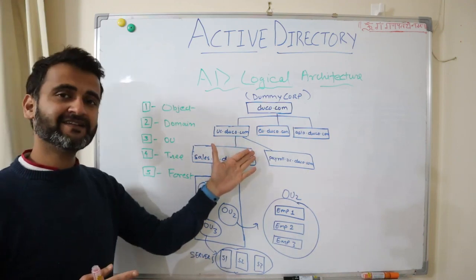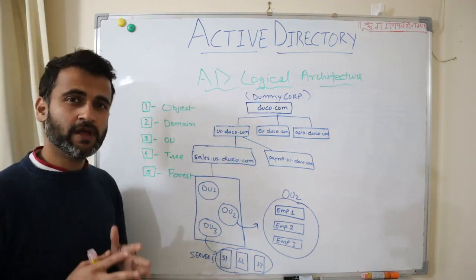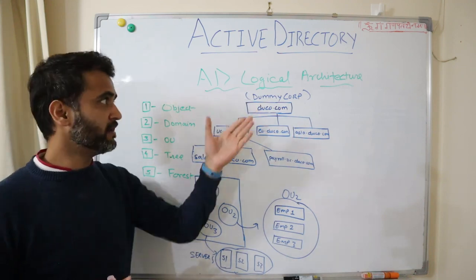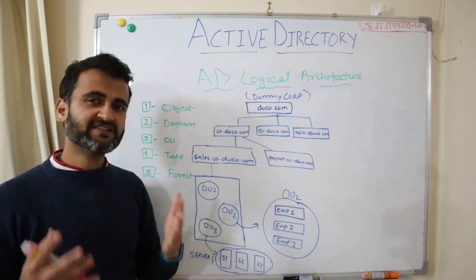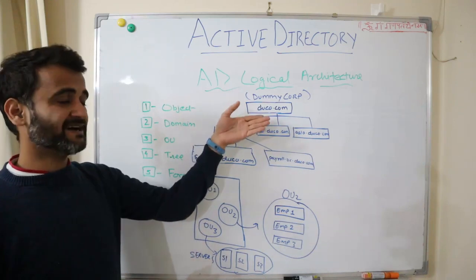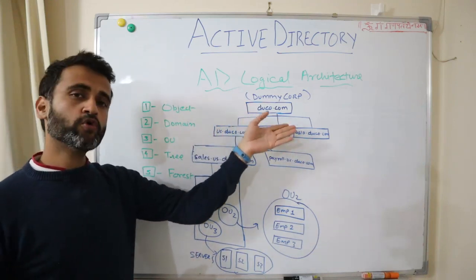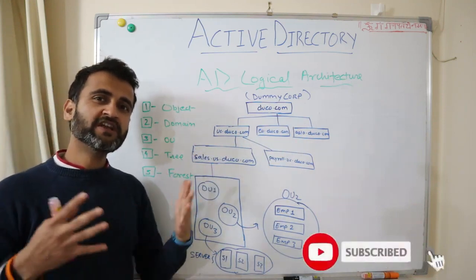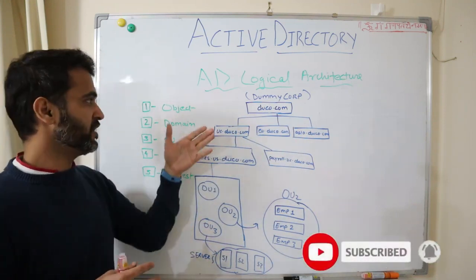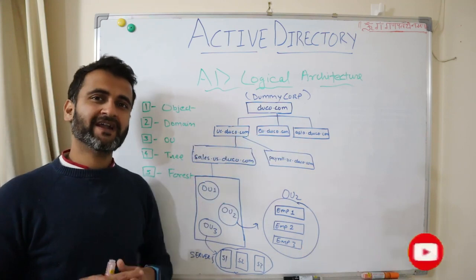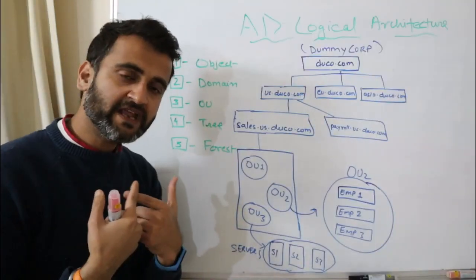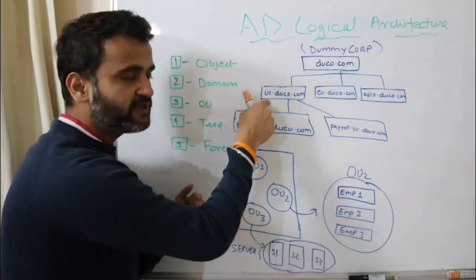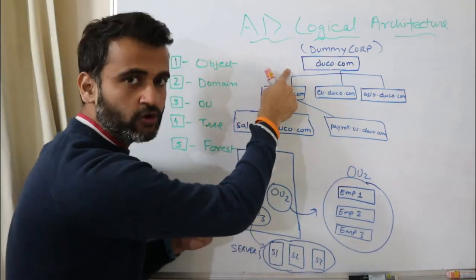Now we'll understand this with an example. Take for example this company named Dummy Corp, which has a domain duco.com. This duco.com is based on three different locations of the world: US, Europe, and Asia. Suppose employee 1 joins the sales team of the US region of Duco company.